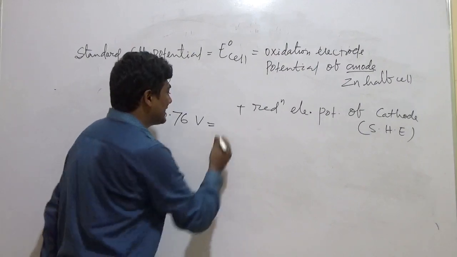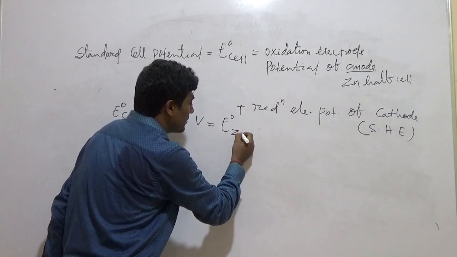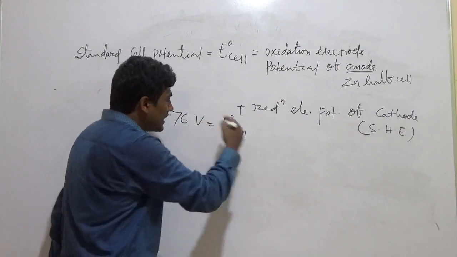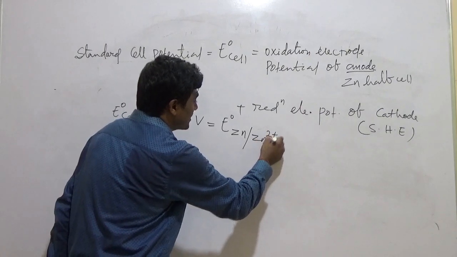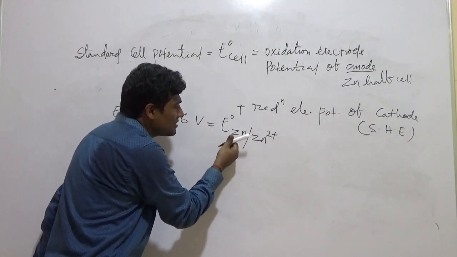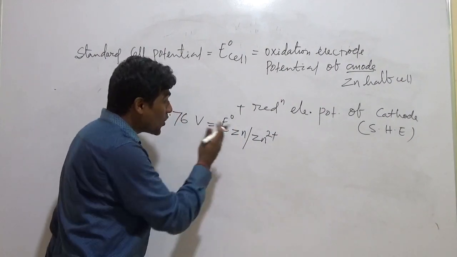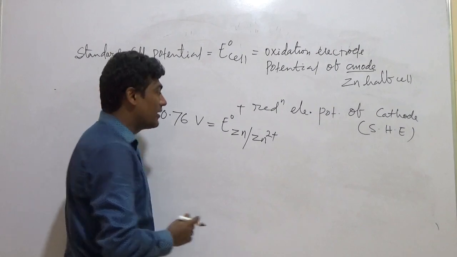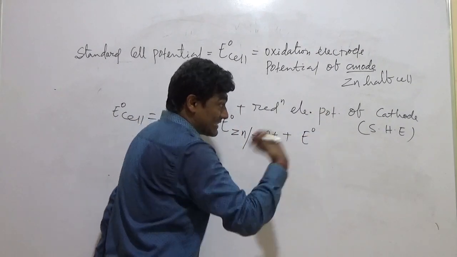How to represent it? It is represented like this. E° for the oxidation half cell, Zn becomes Zn2+. This is the oxidation half cell. The charge is increasing, and by this notation, going from 0 to 2+, it is telling you the oxidation electrode potential. Plus E° for the standard hydrogen electrode.